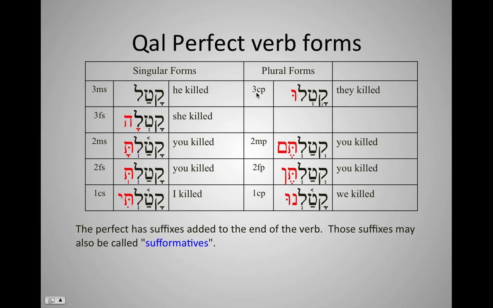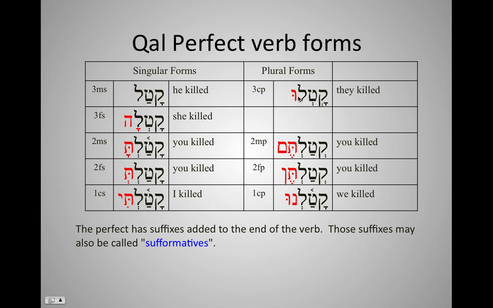The first one is third common plural, and common just means our subject can be either masculine or feminine, or it can be mixed. It could be a group of men and women together, essentially in a crowd. That's something to think about when you think about the common in Hebrew.